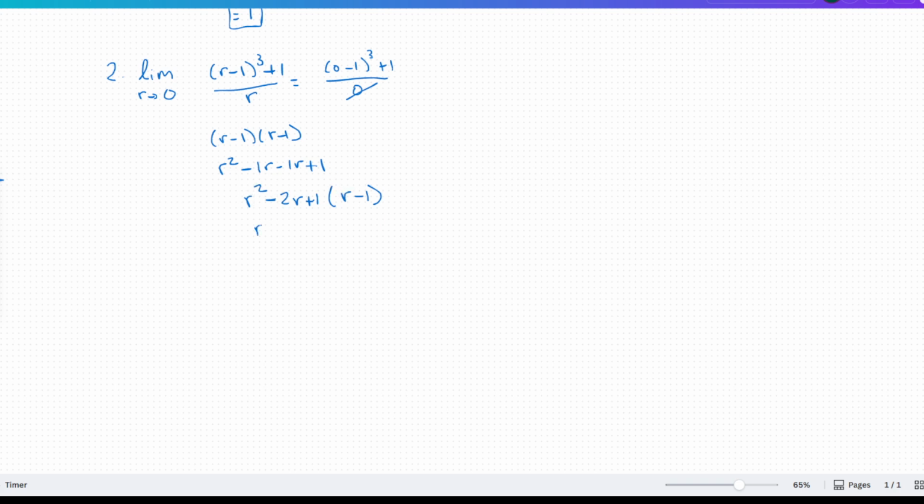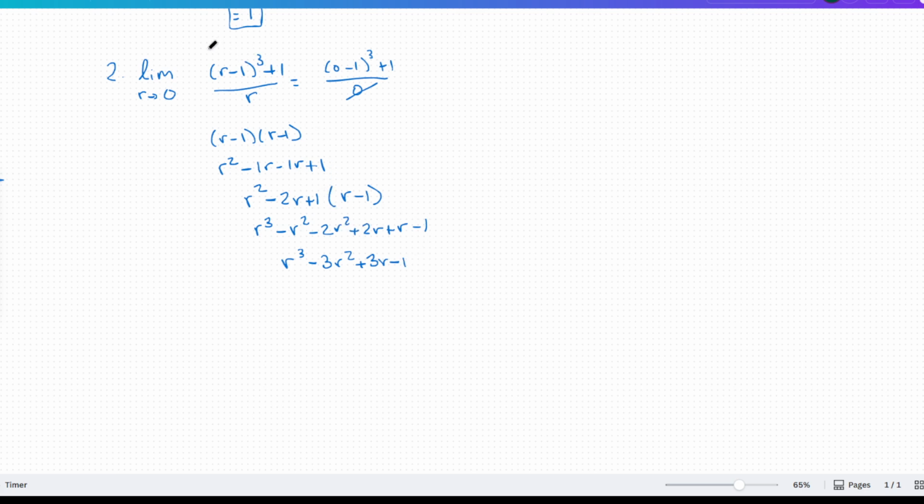We have r cubed minus 1r squared minus 2r squared plus 2r plus r minus 1. So we get r cubed minus 3r squared plus 3r minus 1.